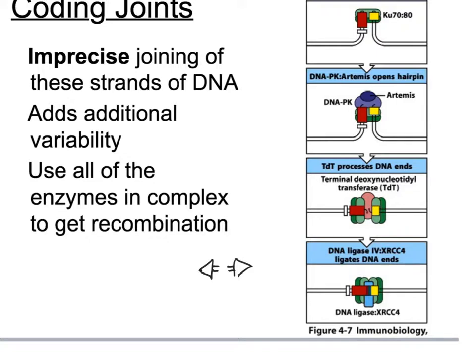What's a deoxynucleotide? A, C, G, or T, as opposed to a ribonucleotide. Transferase. It's going to add on bases, nucleotides, to the ends of these opened hairpins.